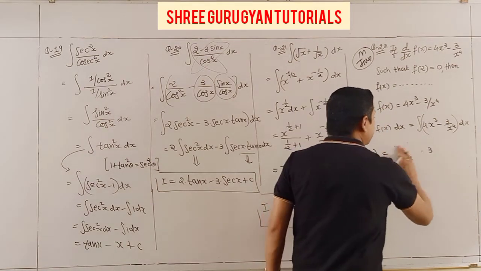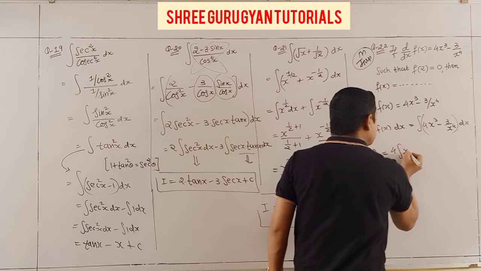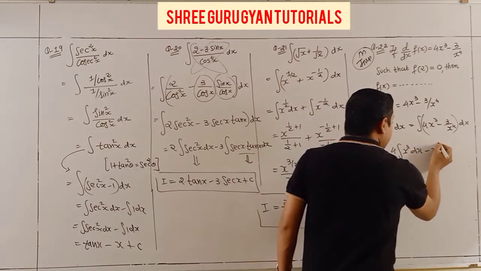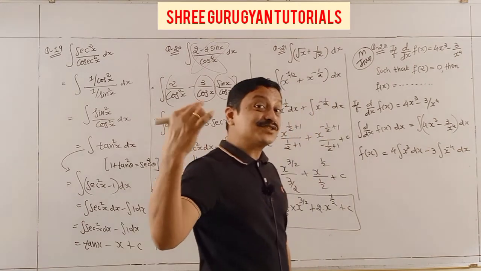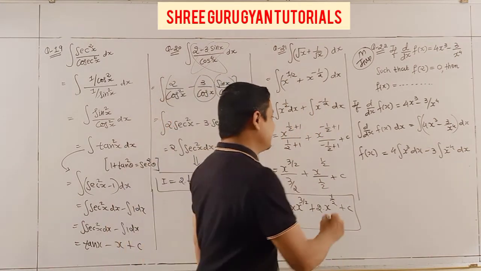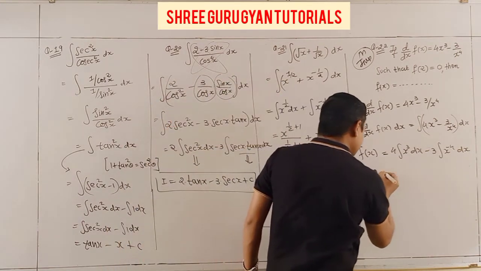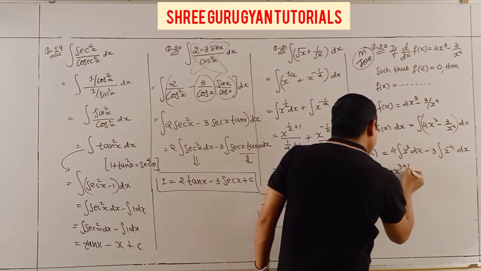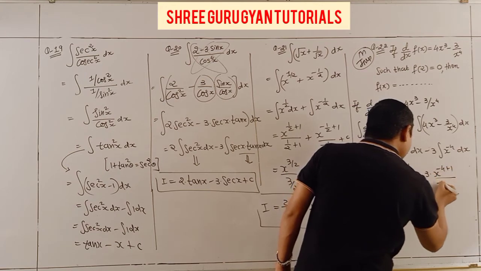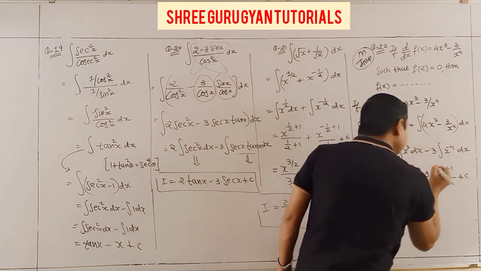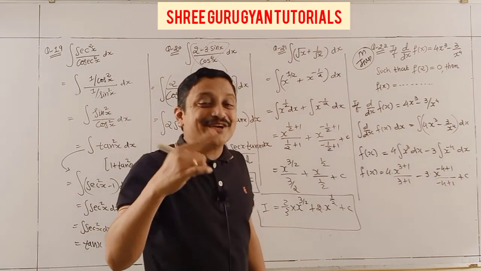Otherwise, students, I just write the steps one more time: x raised to 3 dx. Don't take it directly. Power means first, x raised to 4. Now the answer, here 3 plus 1 by 3 plus 1. Same, plus 1 by plus 1. First property operate: x raised to n.